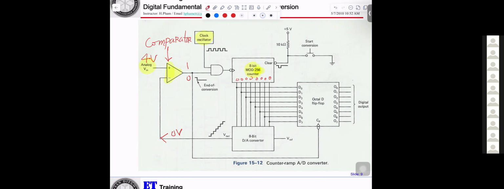In order to get a 0, you can see they have to use the switch here. They close that down, they will clear the counter. Clear the counter so you get 0. On the input, binary 0 goes to the 8-bit DA converter, that means converting to analog, you get 0 volt. So you get 0 volt here.